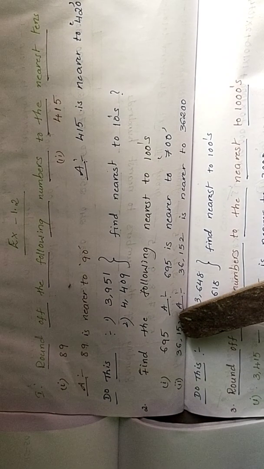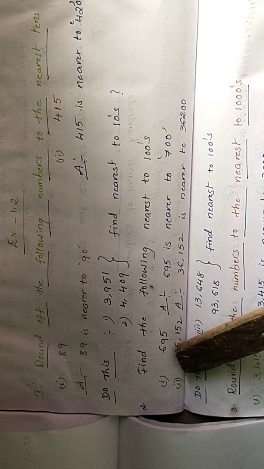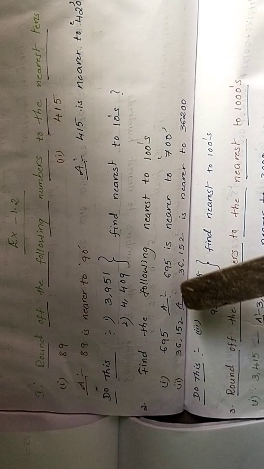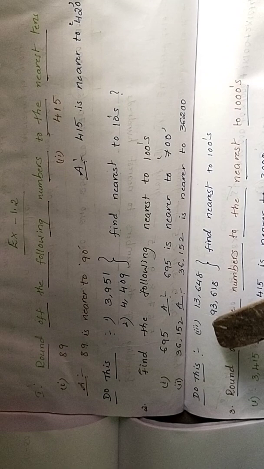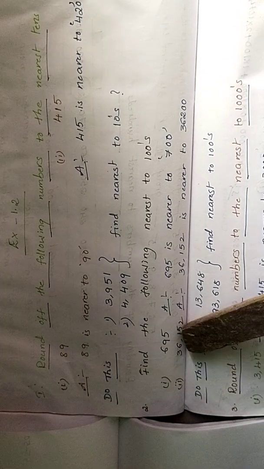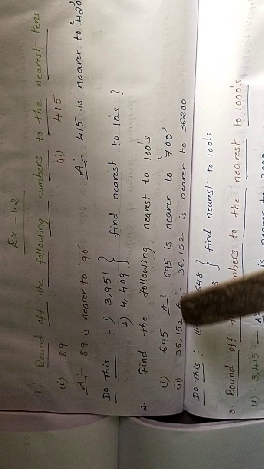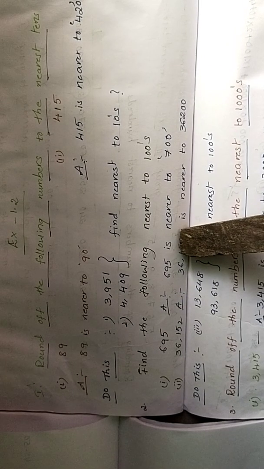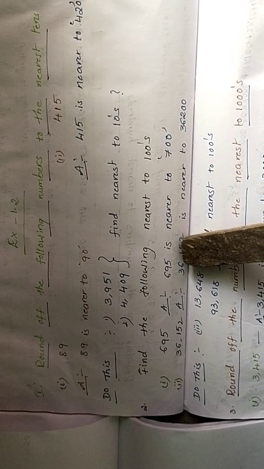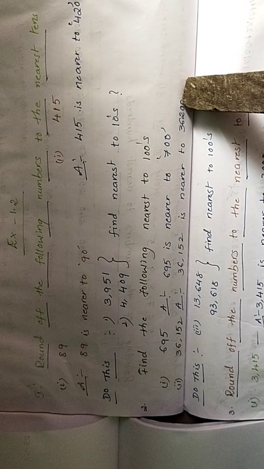And next, 36,152. Here we have the 10,000s place. Ones, tens, hundreds, thousands, 10,000s. But we find only the hundreds place value. That's why you take only the hundreds place. Ones, tens, hundreds, these 3 places only you take. 36 you don't change, just write 36. But 152, 1 is followed by 5. So 152 is nearest to 200.